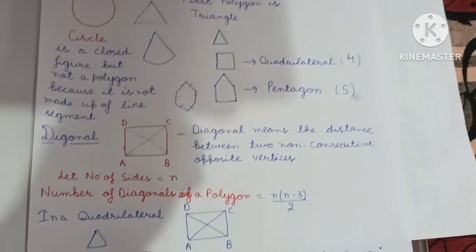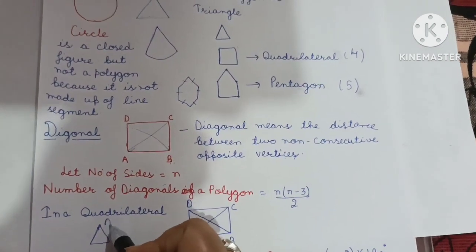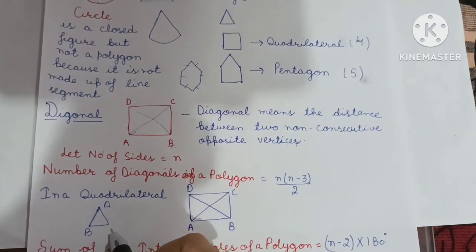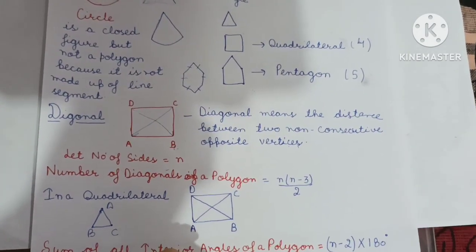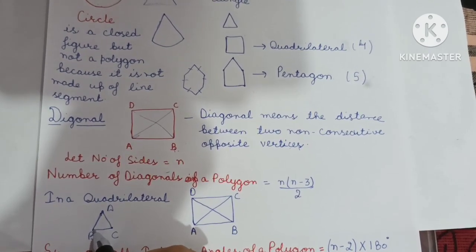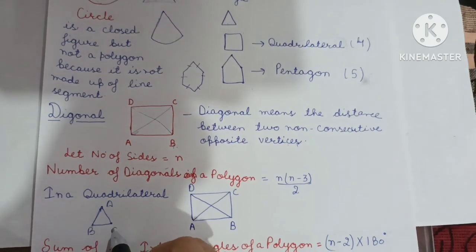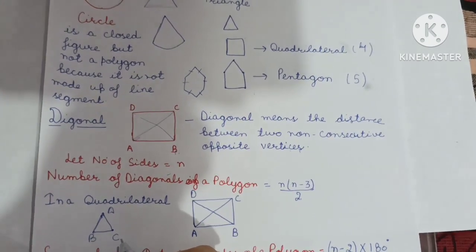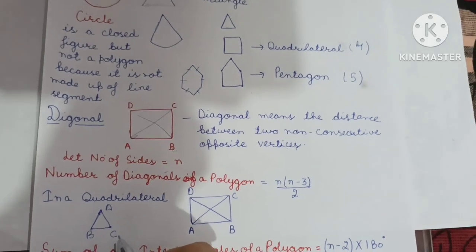This is A, this is B, and this is C. A, B are consecutive, B, C consecutive, AC consecutive. So in case of the triangle, we cannot form a diagonal.